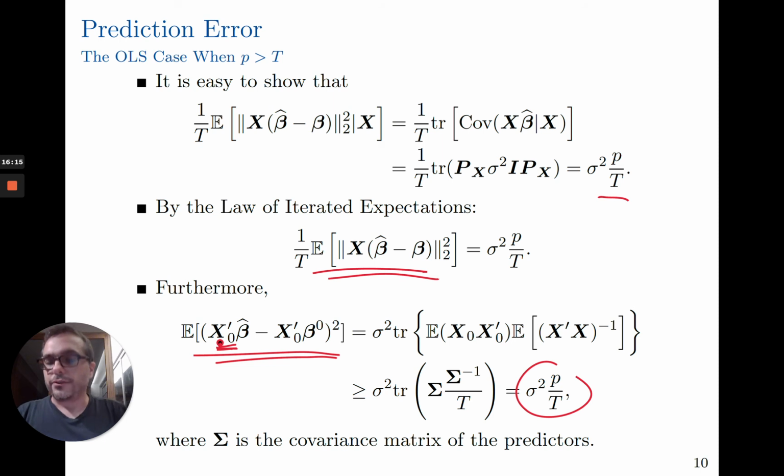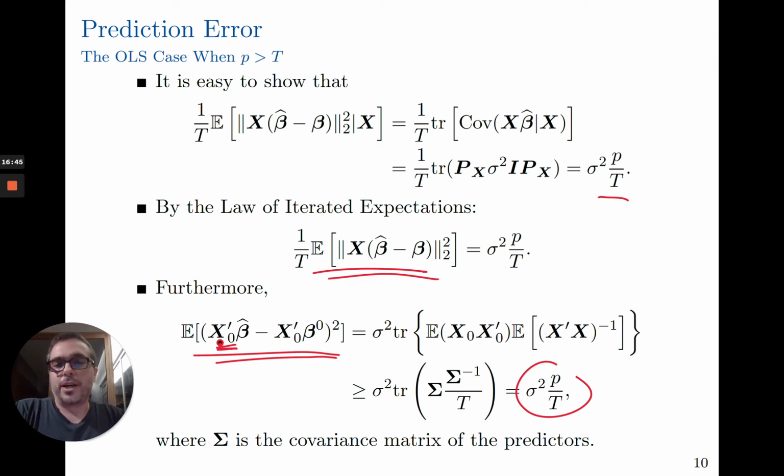And this is natural, because this is a new point that we had never seen before when we were conducting the estimation. Of course, to derive the exact bound, we will need the distribution of the regressors, because it makes no sense in this case to assume that the regressor is fixed.